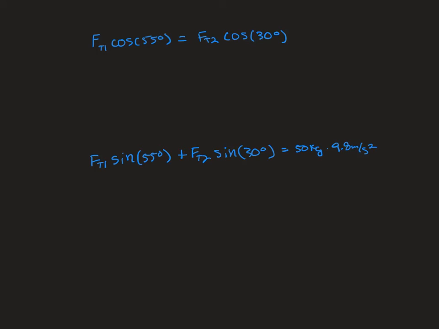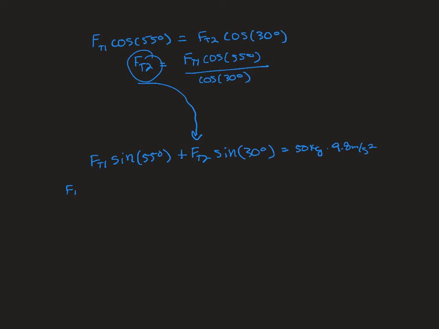Alright, so I've just rewritten the equations we ended with on the prior page. And I'm going to solve this first equation for force of tension 2. So force of tension 2 is going to equal force of tension 1 times the cosine of 55 degrees divided by the cosine of 30 degrees. And I'm going to sub that down here for force of tension 2.